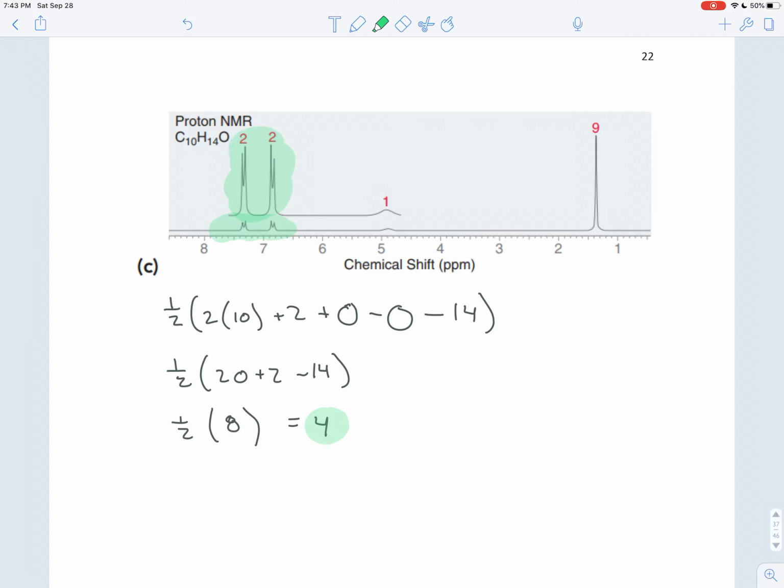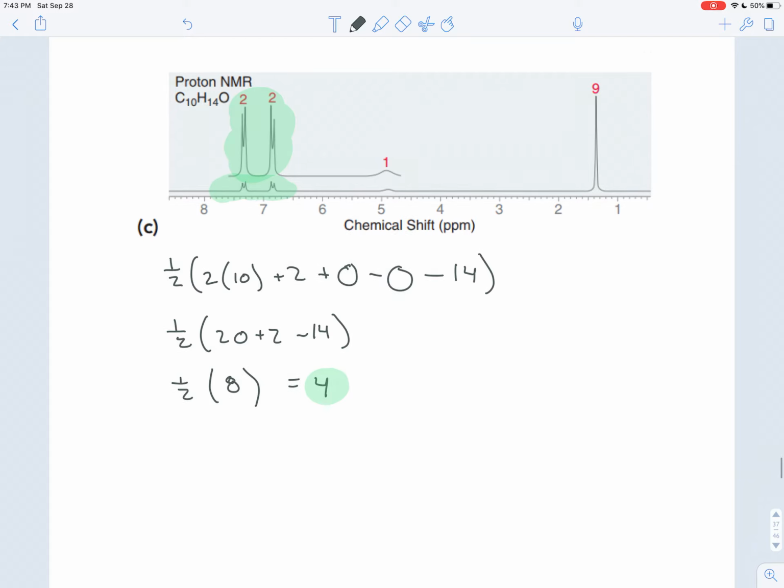Both of those are coming from our benzene ring. The benzene ring is the only structure that gives rise to signals in this area, in proton NMR. So we've got a benzene ring. That's what accounts for these 4 degrees of unsaturation. 1 for the ring, 3 for the pi bonds, so 4 total.